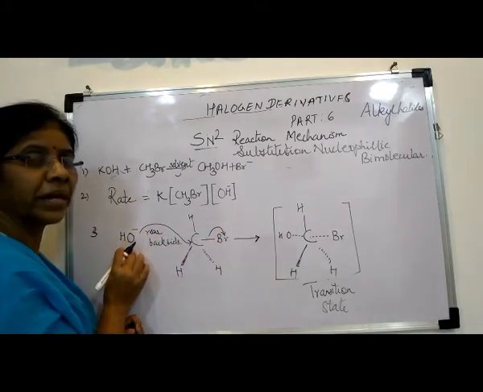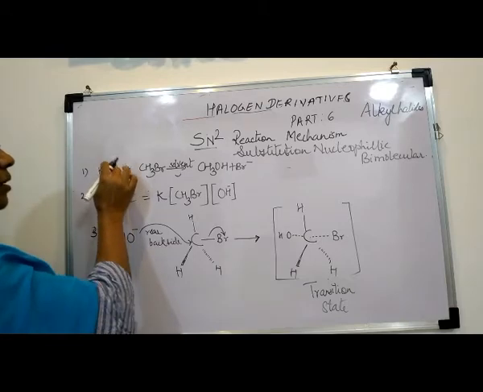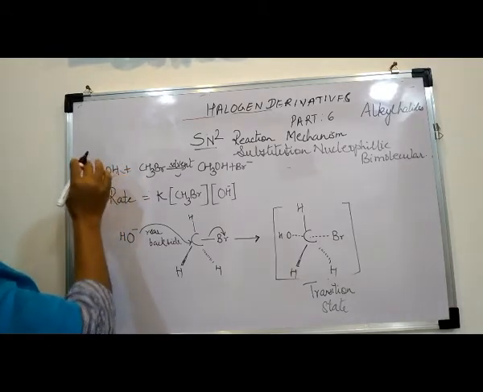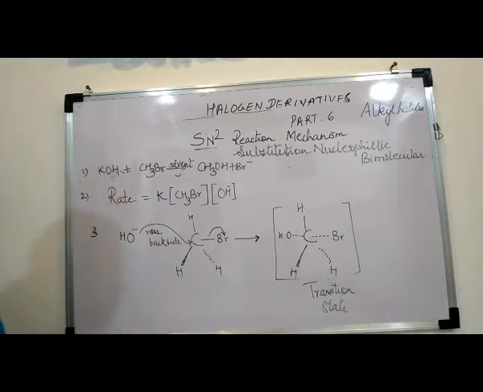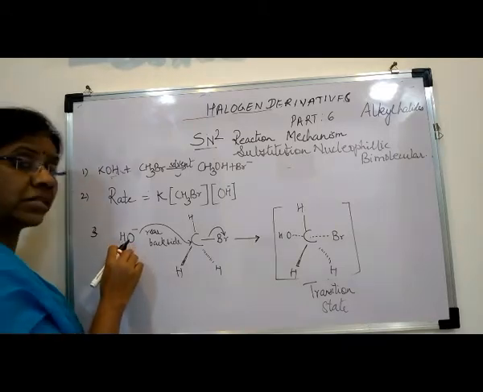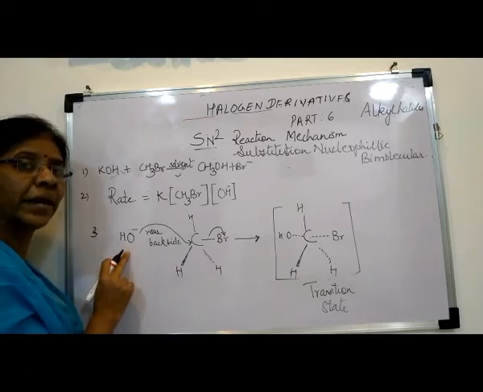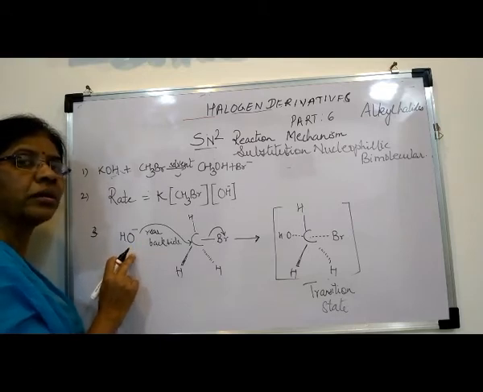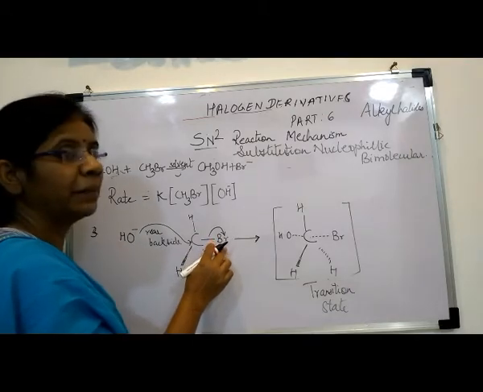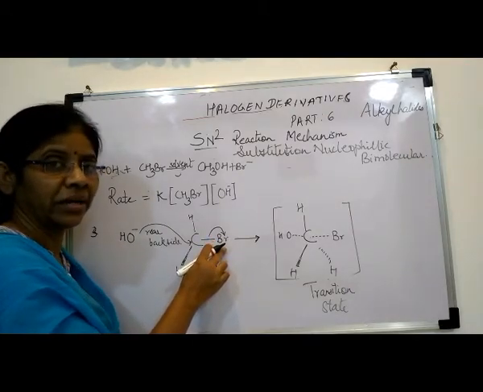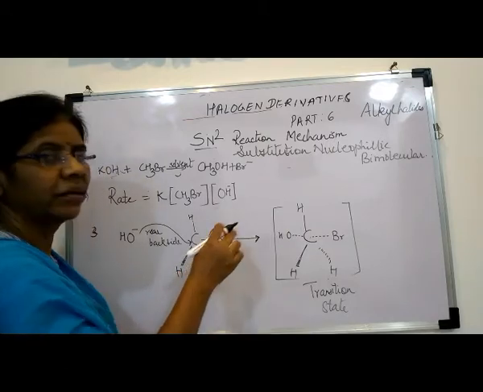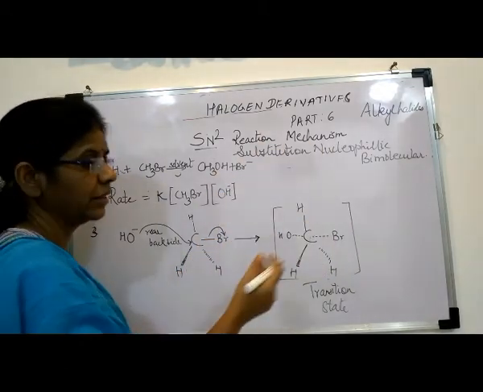OH minus, which is obtained from hydrolysis, is also a nucleophile, but OH minus is comparatively a stronger nucleophile as compared to Br minus. And therefore, this Br will leave, correct?